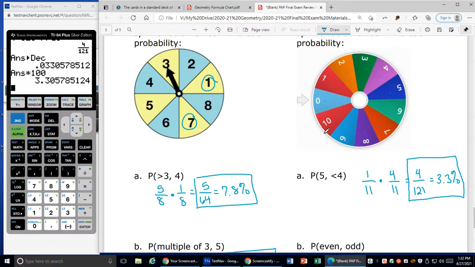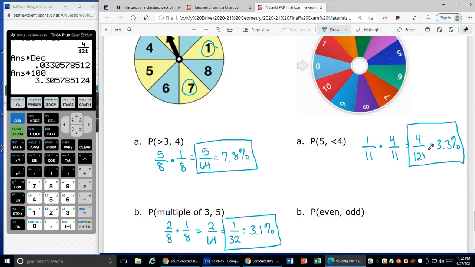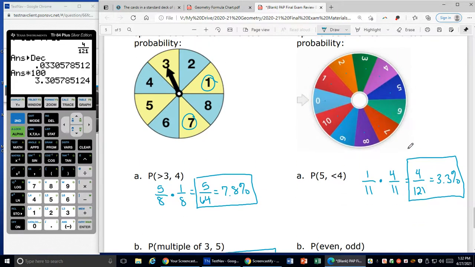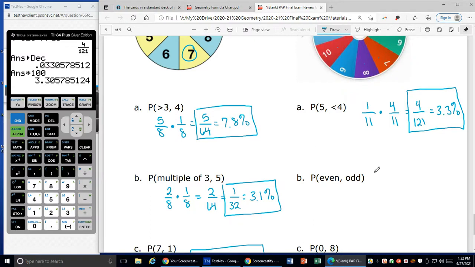Okay. The next one, the probability of landing even and then landing odd. So landing even. Now remember, 0 is neither even nor odd, right? 0 is considered neutral. So my even numbers are going to be 2, 4, 6, 8, and 10. So that's 5 spaces that are even out of 11 spaces.